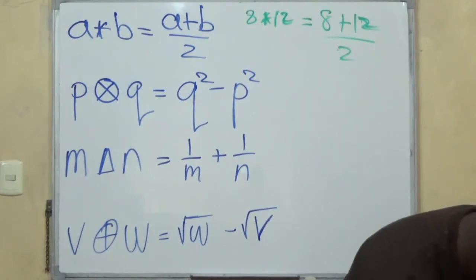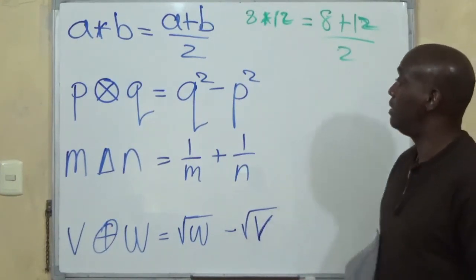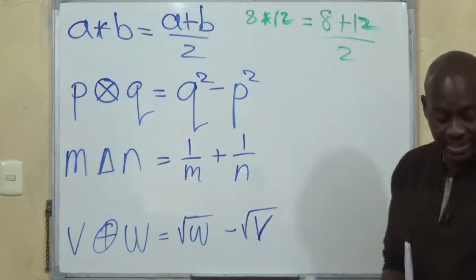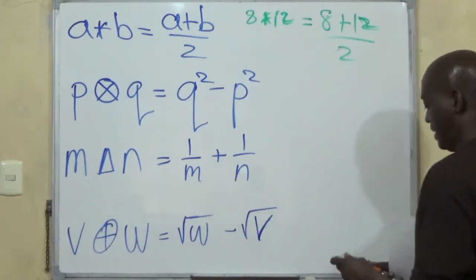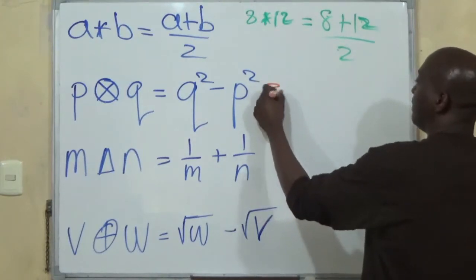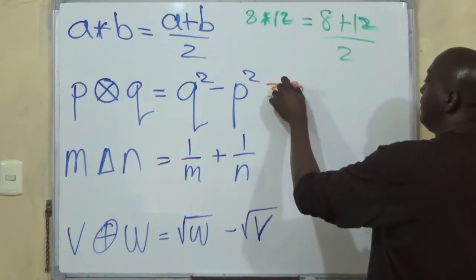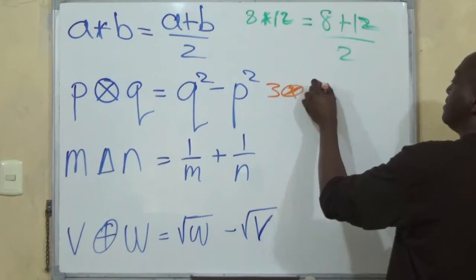So the second operation, we have 3 circle with the cross 7. Let me use a different color ink now. You have 3 circle with the X 7.